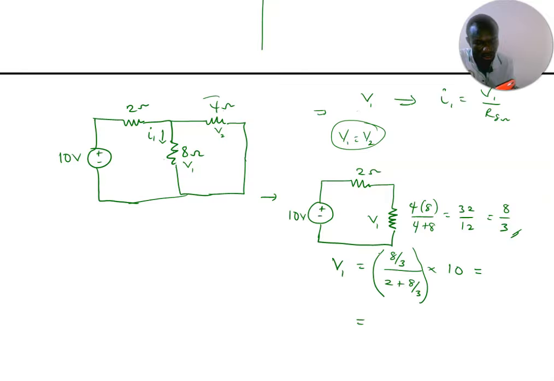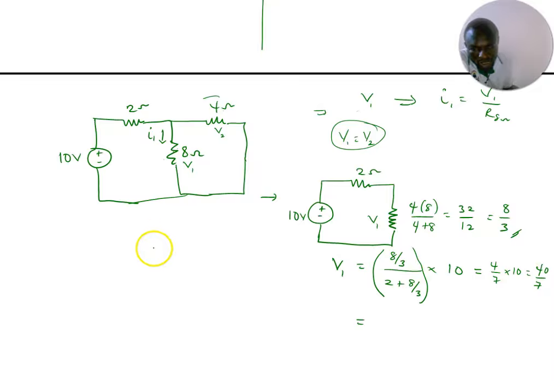Okay, so let me simplify this one. You are going to get 4 on 7 times 10, which is going to be 40 on 7. So that's the voltage drop there.